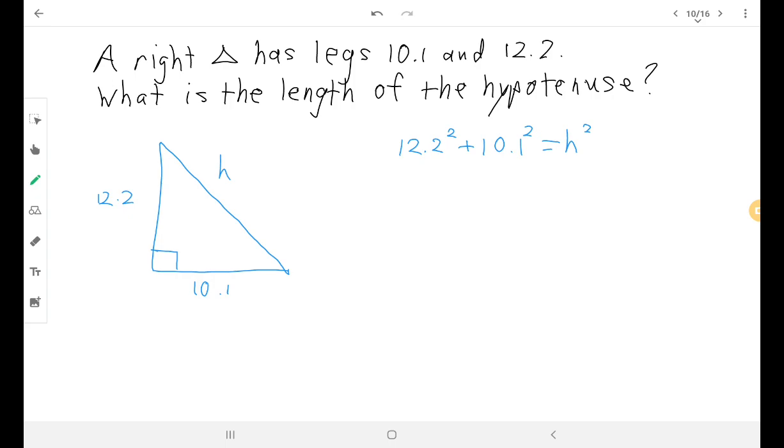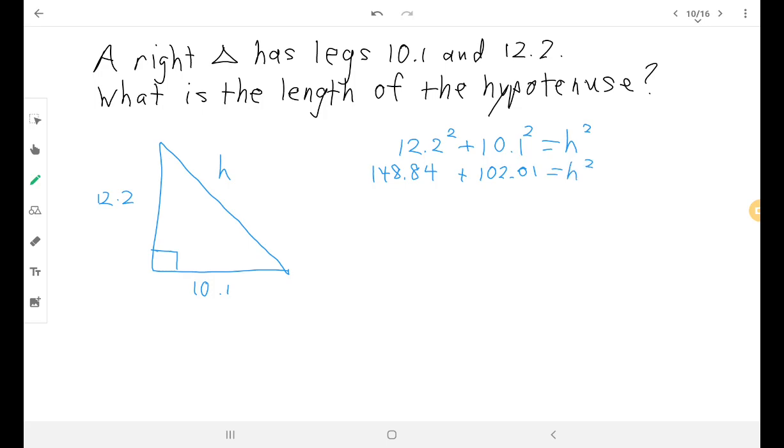So I'm going to do a little bit of calculator work so that I know what these squares are. 12.2 squared is 148.84. 10.1 squared is 102.01, equals h squared.